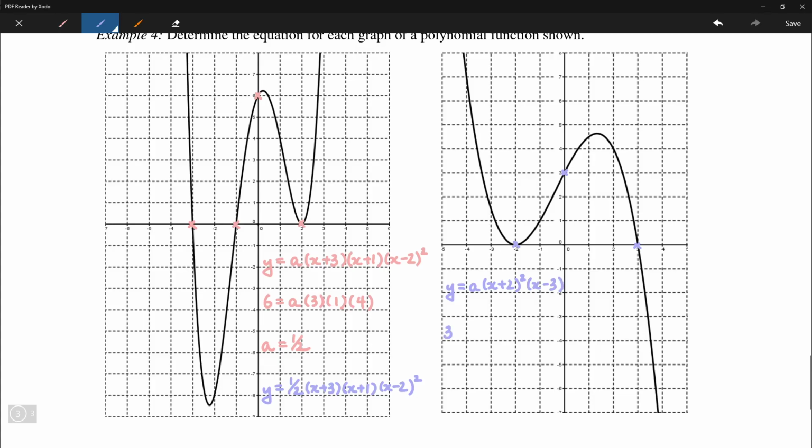Substitute in the y-intercept, so this would be 3 is equal to a, and then 2 squared is 4, and then -3. So in the second case, a is equal to -1/4. And we can put it all together. Y is equal to -1/4, and then x plus 2 squared, x minus 3.